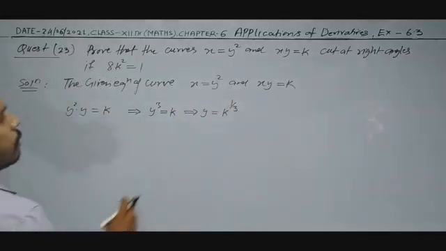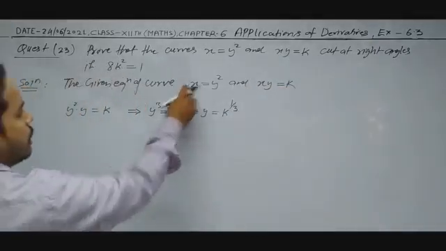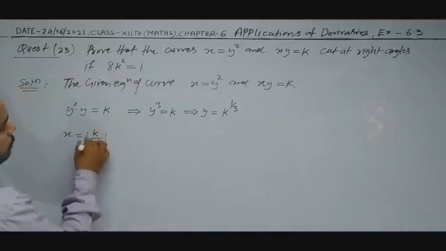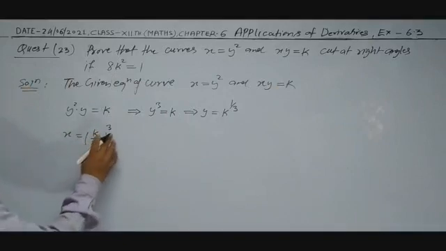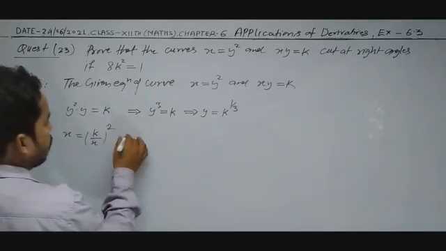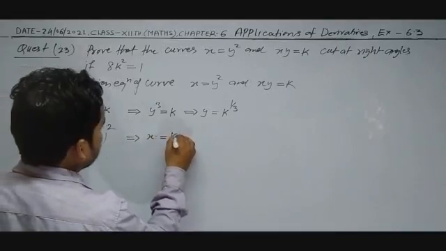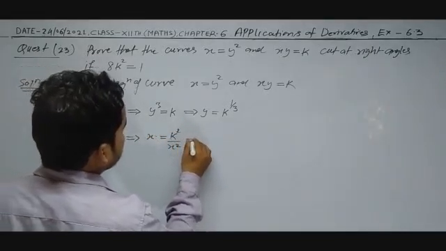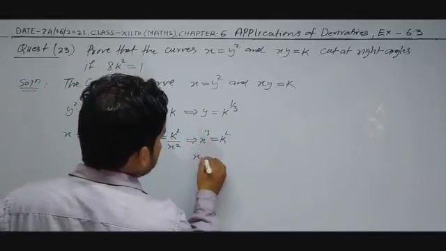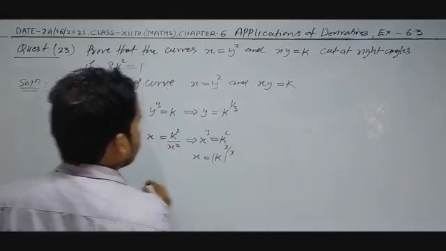And when you put y is equal to k by x in this term, then x is equal to (k by x) whole square. So what will you get as the result? Result is x is equal to k square by x square. This implies x cube is equal to k square. This implies x is equal to k to the power 2 by 3.